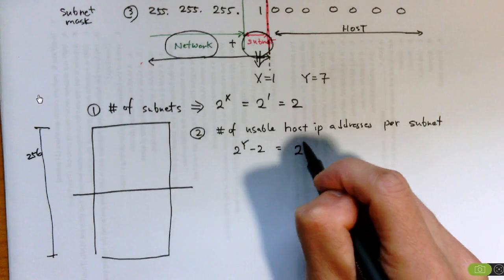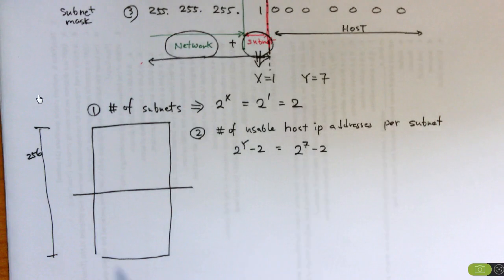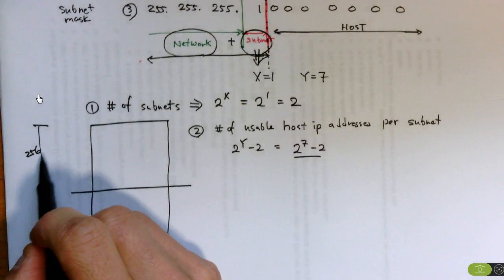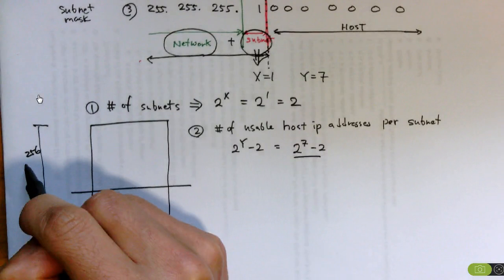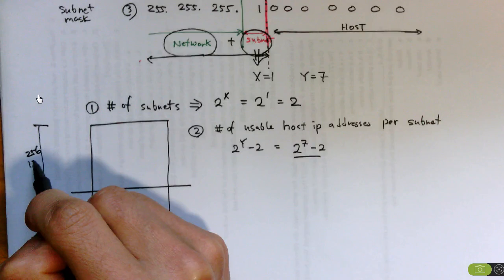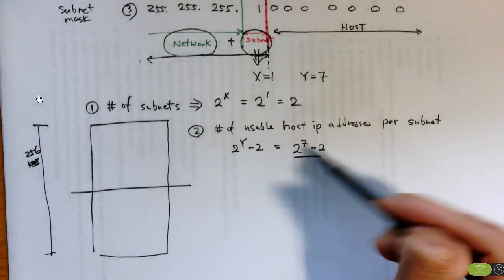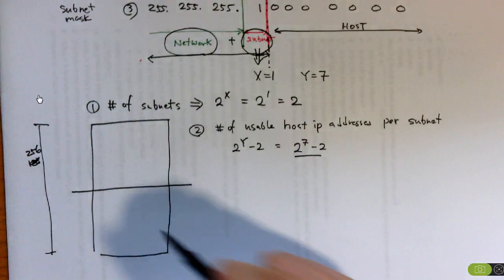So 2 to the 7 minus 2. If you just divide, it's 128, and minus 2 is 126.